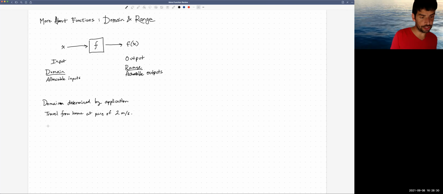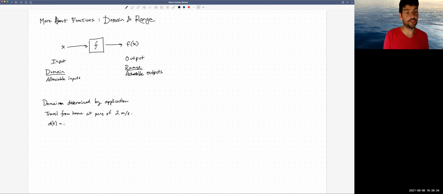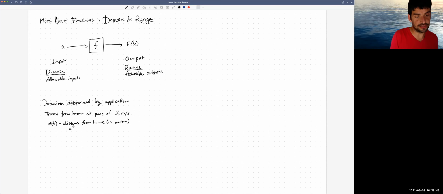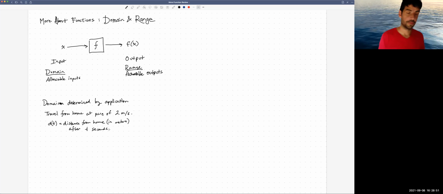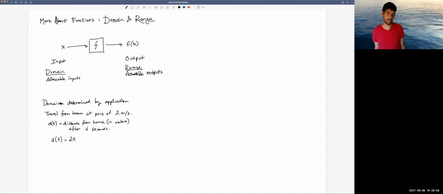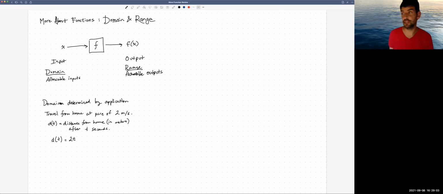I could come up with a function, d of t, which gives us the distance from home in meters after t seconds, right? And this function would just look like 2t. After the first second, I'm 2 meters away. After the 10th second, I should be 20 meters away.